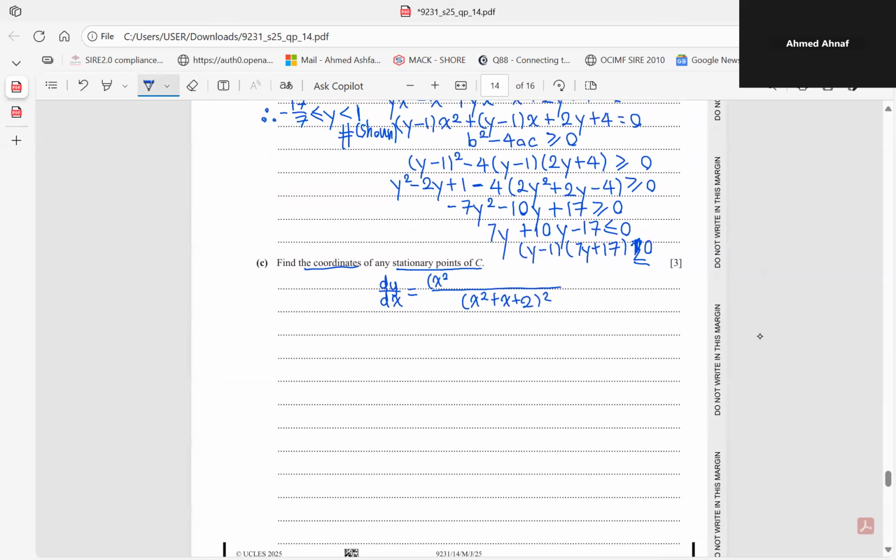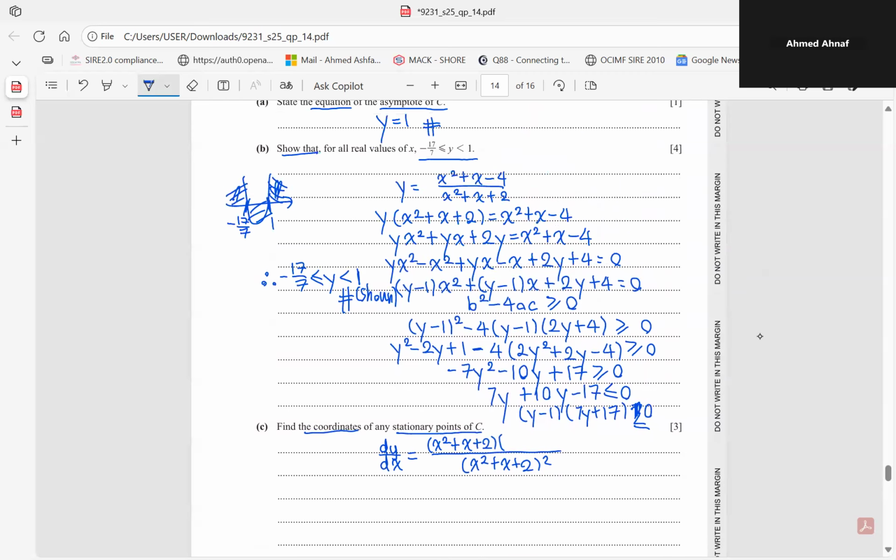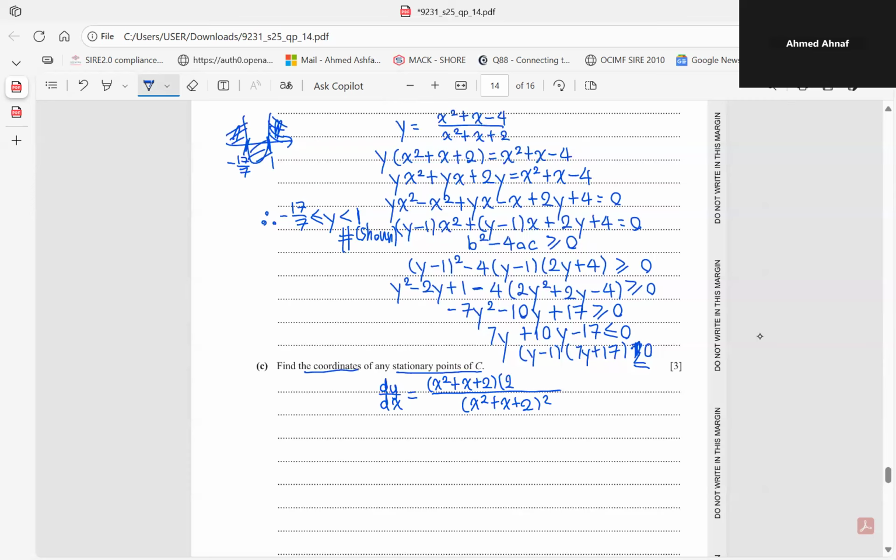And then keep the denominator and multiply by the derivative of the numerator. So this is just 2x plus 1 and then minus (x squared plus x minus 4) times the derivative of the denominator, that's 2x plus 1.